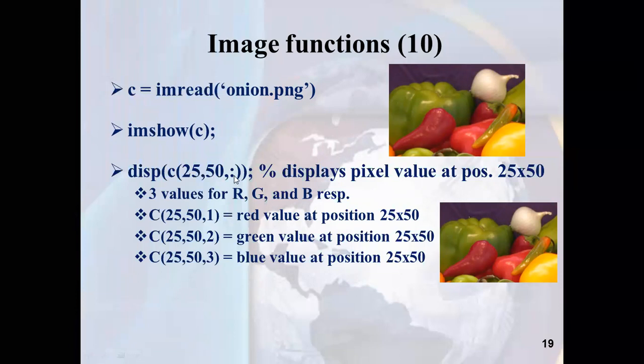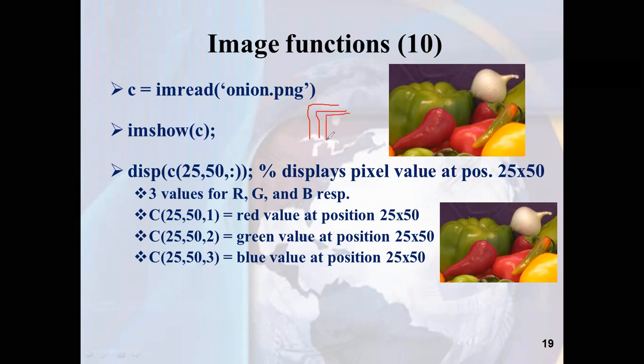The colon means all the matrices, this pixel in all the matrices, the matrices that are stacked together. So remember that we have R, G, and B, 3 matrices to represent the element.